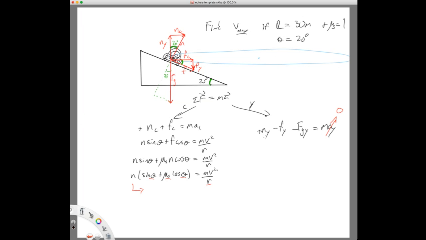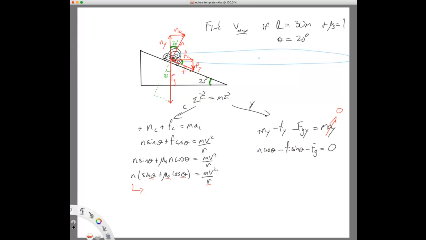Then we do our components. The Ny is just N times the cosine of theta. And the friction y, it's opposite to the angle, so it's F times the sine of theta. And the force of gravity y component, it's already its own y component. There's no horizontal or centripetal piece, so this is just Fg.